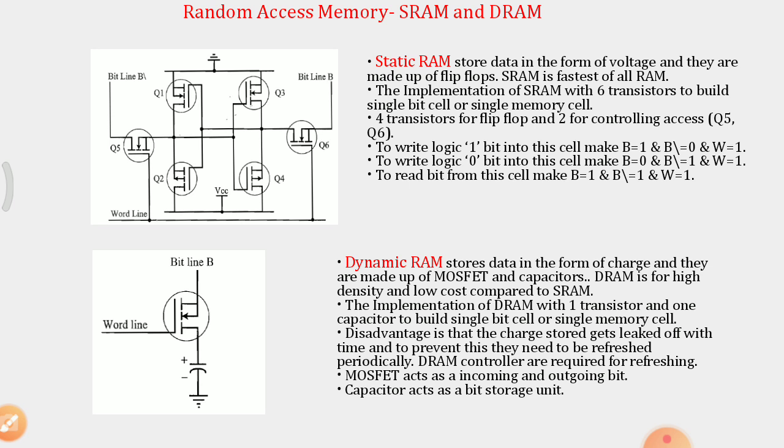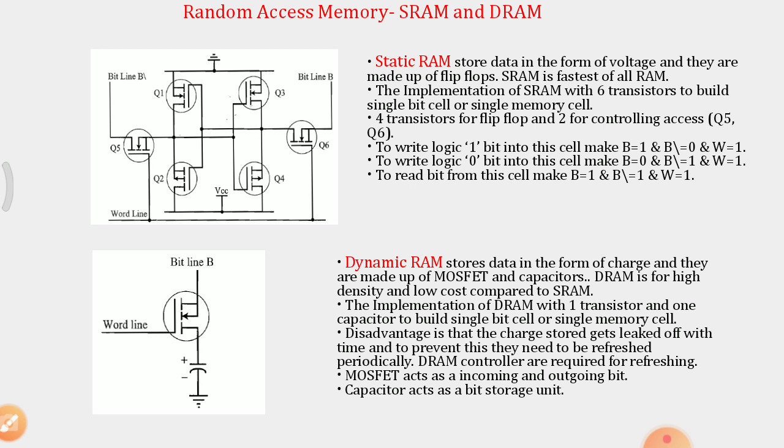The implementation of DRAM uses one transistor and one capacitor to build a single bit cell or single memory cell. But the only disadvantage is that the charge stored in this capacitor leaks off with time, and to prevent this, it needs to be refreshed periodically. So continuously this memory cell requires refreshing.